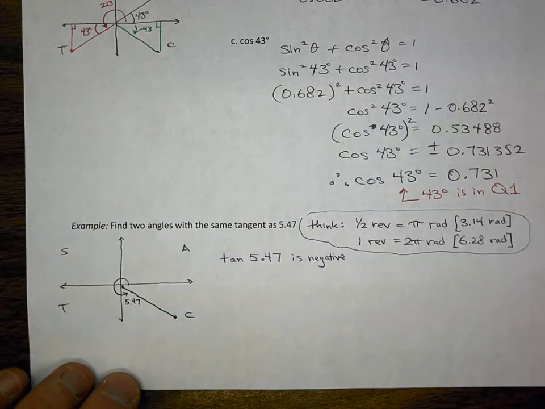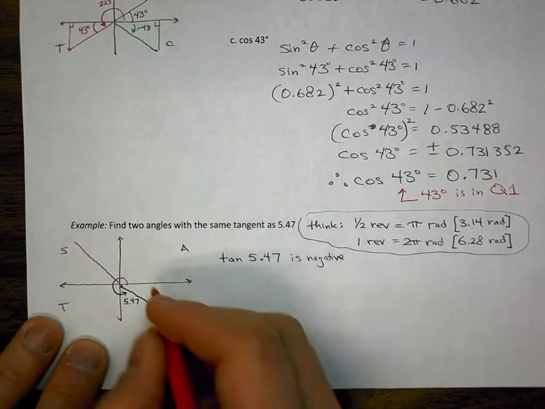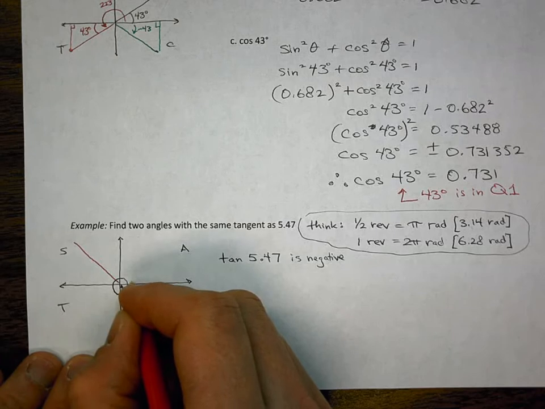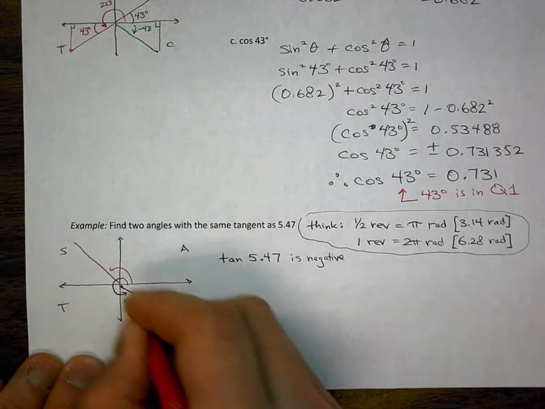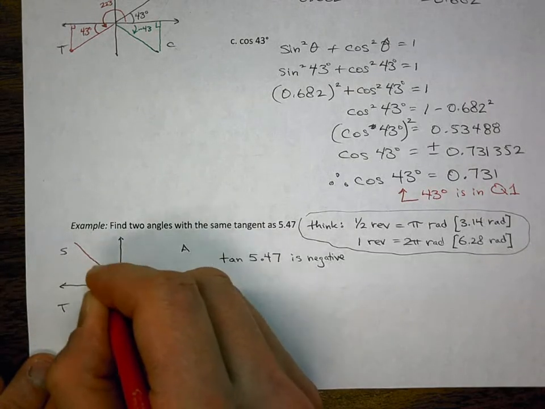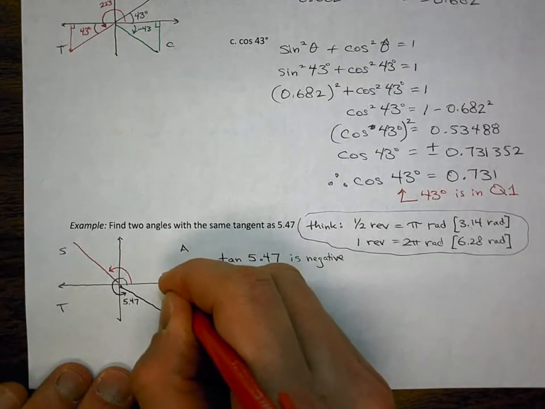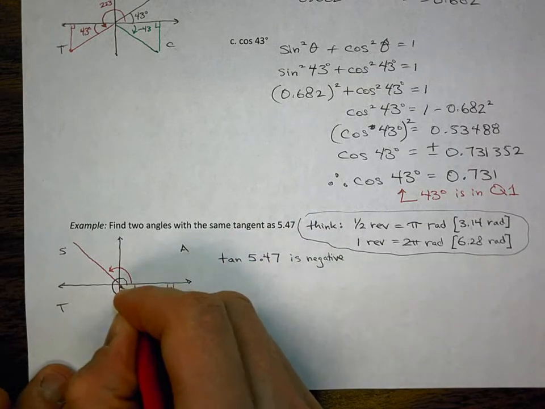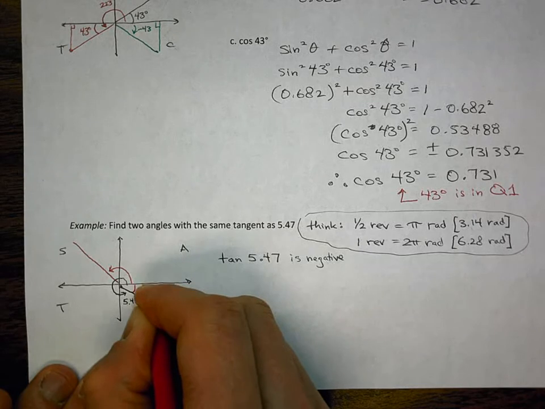Now the angles are similar, right? It's almost like a straight line if you were to draw it this way. So what is this angle? Because the tan of this angle is also going to be negative. Well, I can figure that out because the related acute angle, or the acute friend, is 2 pi minus 5.47.